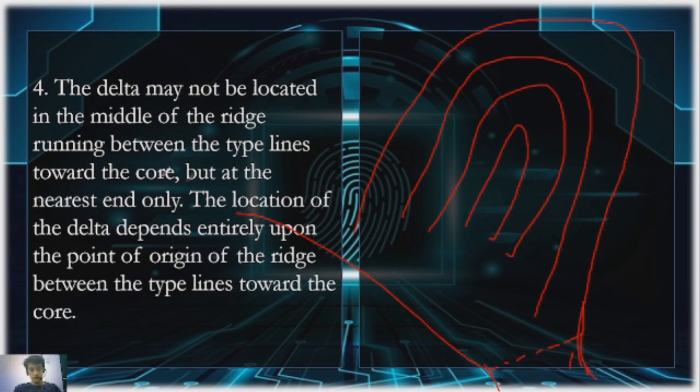So let's say there is a ridge running between or in the middle of the type lines, a short ridge. As we have said, an abrupt ridge or a short ridge could be one of the delta formations.